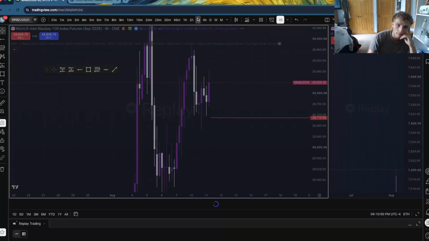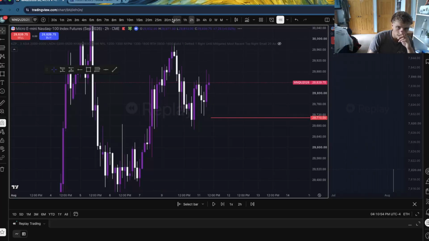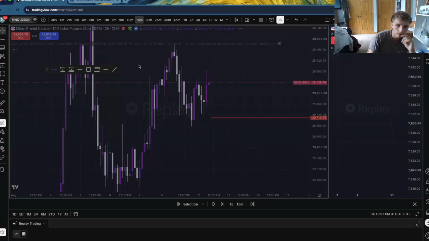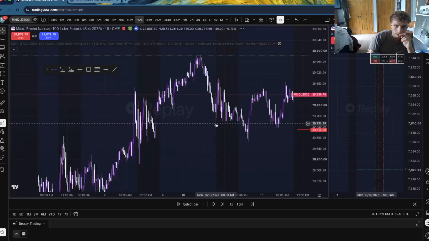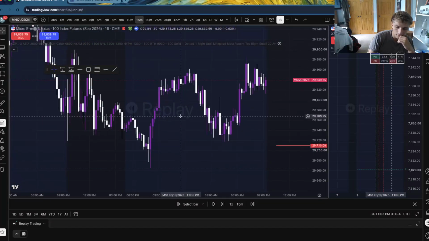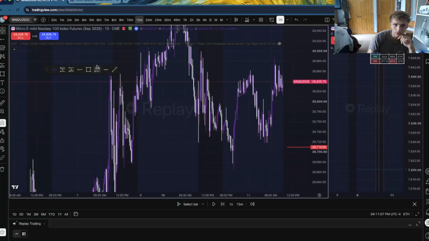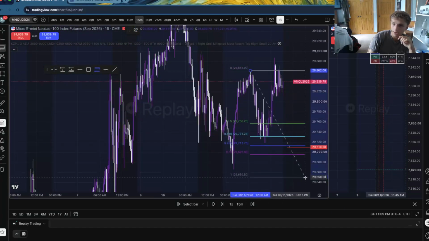There's no gaps. 3 hour. We'll just keep looking for gaps, right? So we'll scale down, and then I'll ask, is price respecting bullish or bearish PD arrays, right? So like here, price was actually respecting bullish, and I actually took a long.